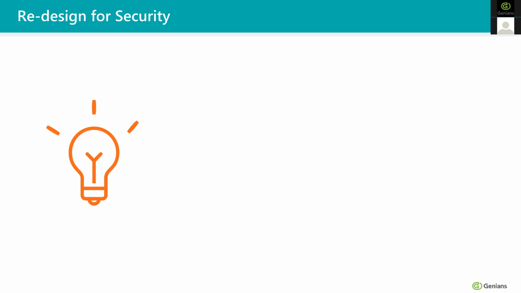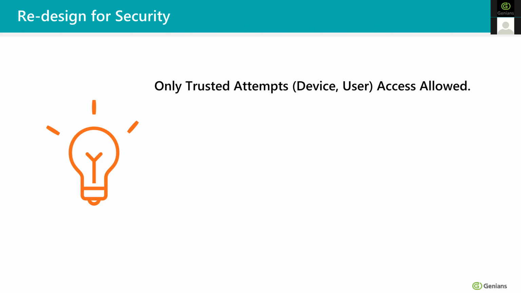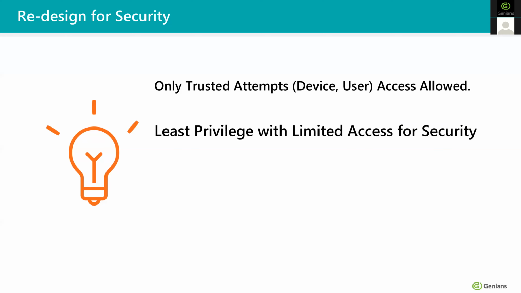What I mean by redesign is that, first, only authorized devices and users should be allowed to access inside. Second, even if they are verified as the trusted one, they should get the least privilege to access the limited resource.